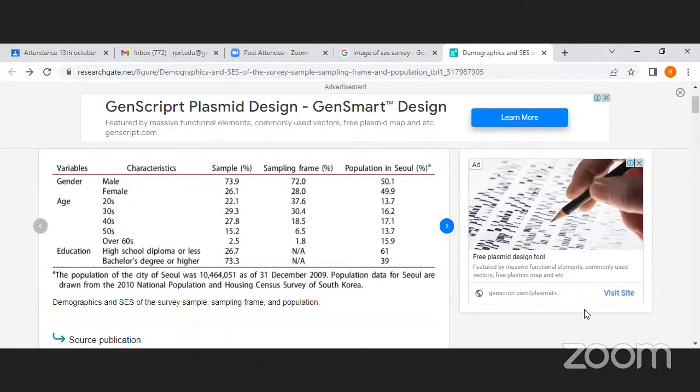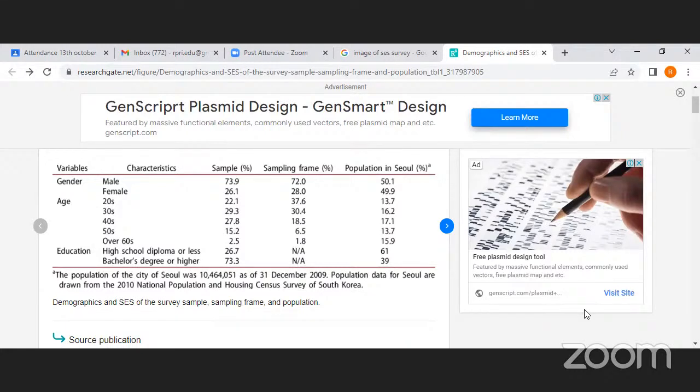And the next one is sampling frame. Sampling frame is very important before selecting the sample. So you have the population, a well-defined population, and from that population you have drawn the sampling frame.